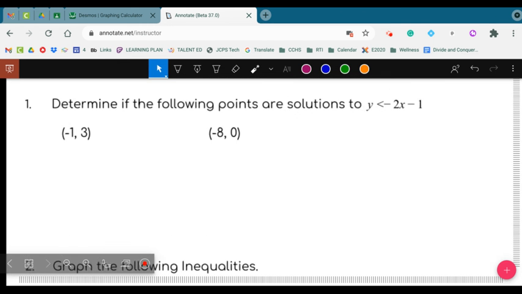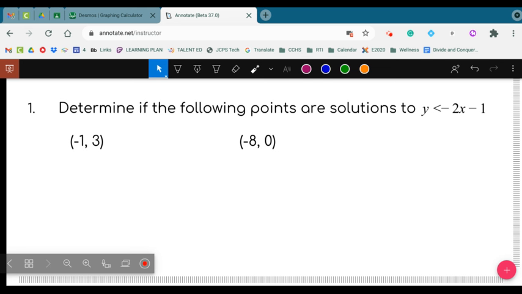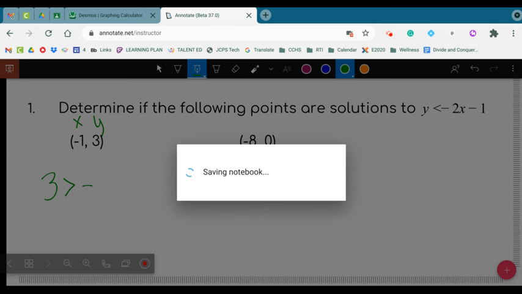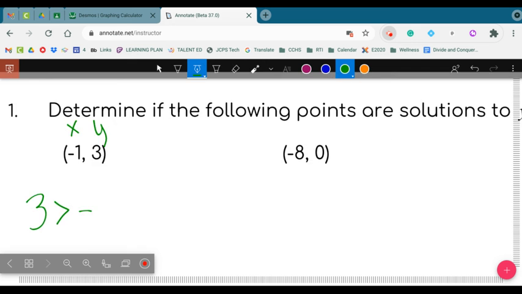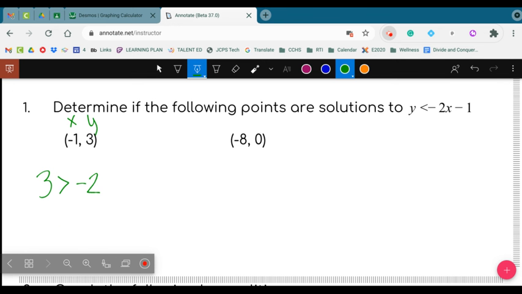Okay. So determine if the following points are solutions. So we're just going to plug them in. This is our x and our y. So we're going to have 3 is greater than -2 times -1 minus 1. We plug in our x value right here, -1.